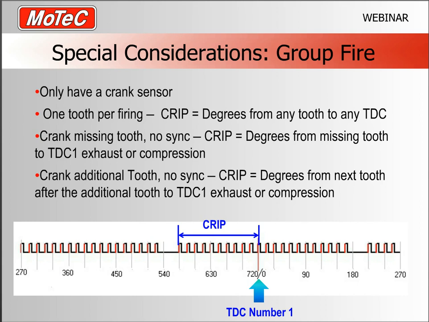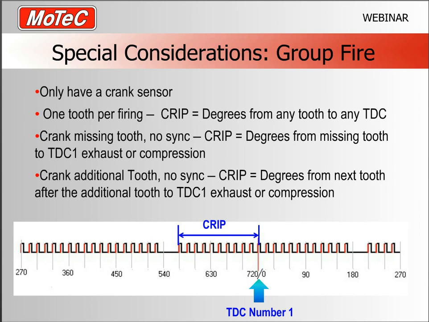With a missing tooth mode with no sync, the CRIP would be, and this is my little example in the diagram below, simply from the missing teeth to top dead center number 1, exhaust or compression. We haven't got a sync sensor, so we can't really tell. These engines will have either wasted spark or a distributor for ignition, and all the injectors will pretty much fire at once.